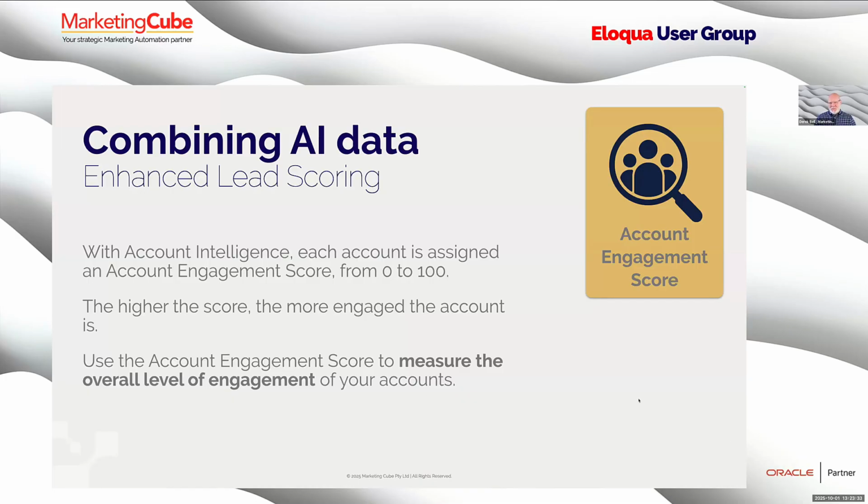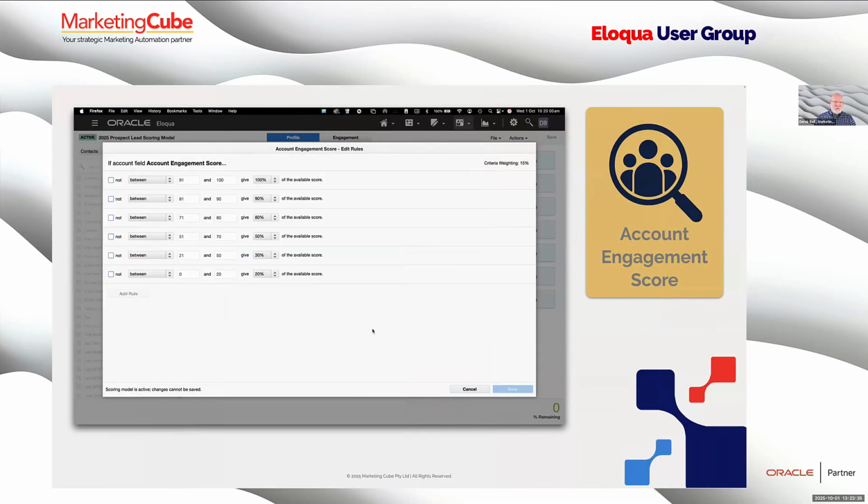So how do we use that one? Well, there are a range of ways we can do it. So if we go to our lead score model, what I've done here, and this is really our first go at looking at this in the context of this whole feature being active, is we've just decided to pick between 0 to 20 and 21 to 50 and 50 to 70, etc., and a sliding scale of percentages on the right-hand side.